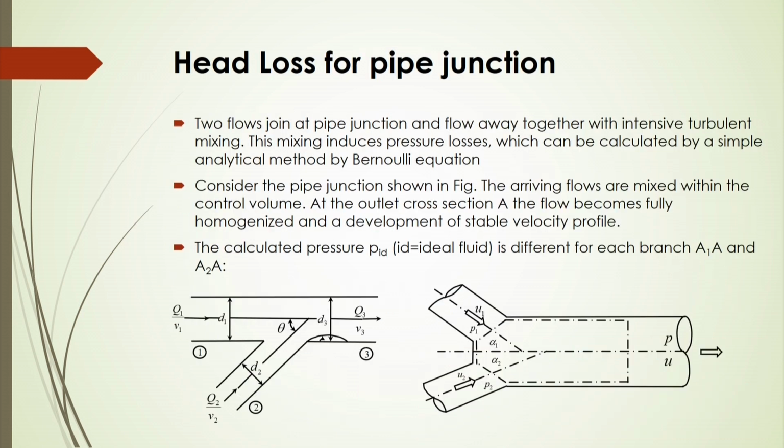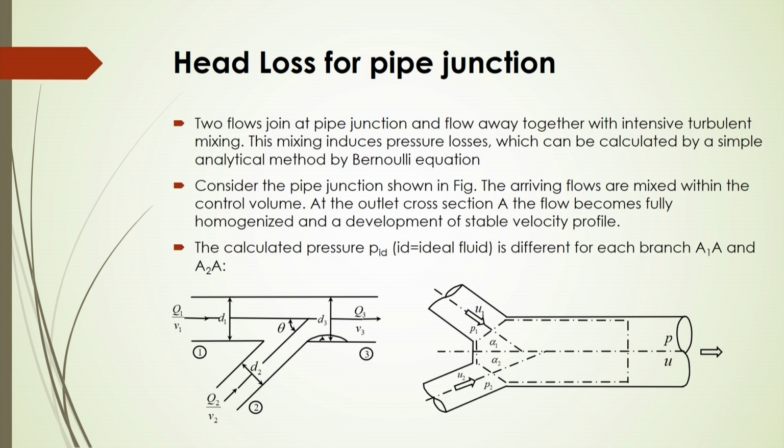And if two flows join at a pipe junction and flow away together with intensive turbulent mixing, that is, two pipes come together and join to form one pipe cross section, the mixing induces pressure losses, which can be calculated by a simple analytical method using Bernoulli's equation.